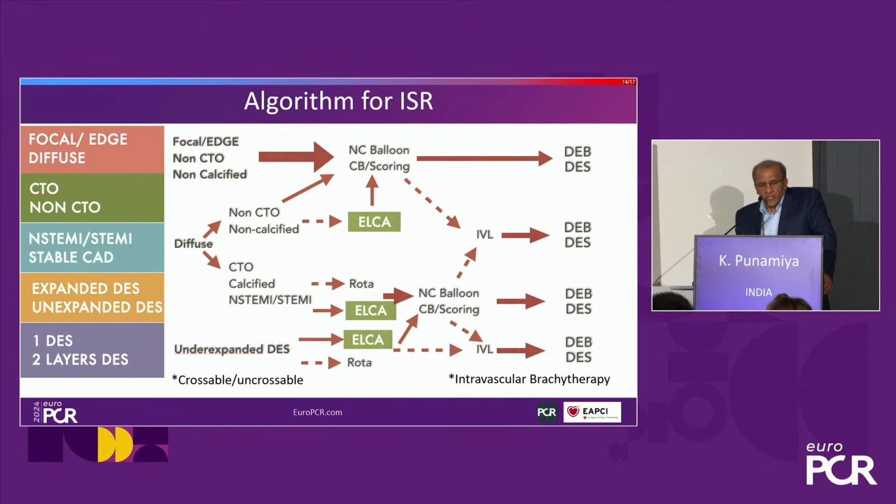But when you start seeing these diffuse disease ISRs, I do think that the ELCA has an edge in getting better MSAs, so it's better used. Of course, crossability and uncrossability may play factors in how you choose your devices. And besides DB and DS, some may opt to send these patients for intravascular brachytherapy. On the left are just those factors which influence decision-making in our tree.